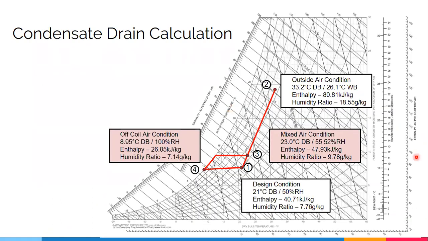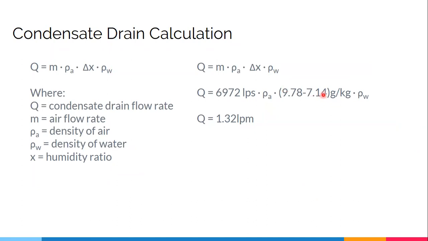Based on this number, 9.78 and 7.14, we're able to calculate the difference in humidity ratio. This humidity ratio is expressed in grams of water per kilogram of air.